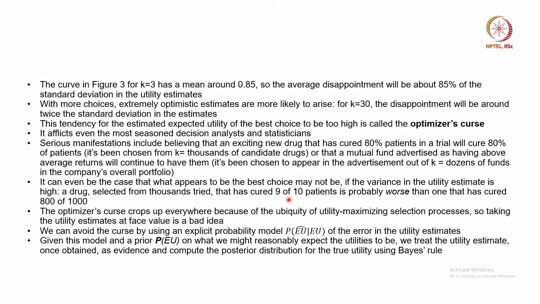So it depends on the choice that you actually make for the utilities. This is known as the optimizer's curse. We can avoid this by using an explicit probability model, the probability of EU estimated given the EU error, and using that.